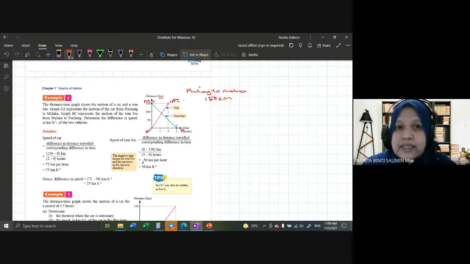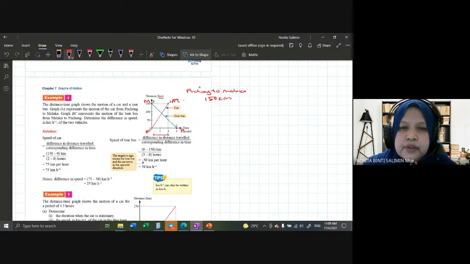Okay, the bus is quite slow because what? Look here. What is the duration for the car? How long does the car take to arrive from Puchong to Malacca? How many hours here?